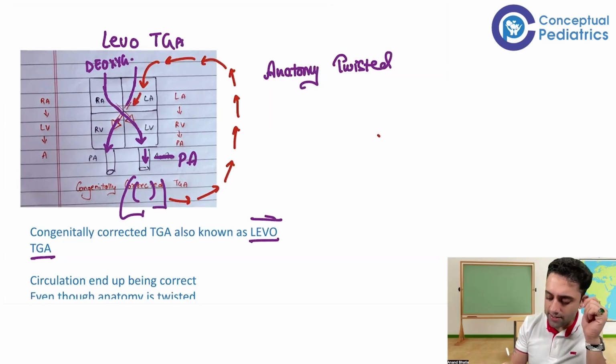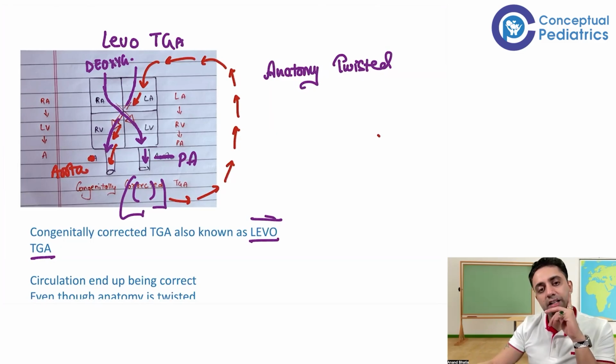So this purified blood from the left atrium goes to the right ventricle, and the right ventricle is connected to the aorta. This is known as Levo-TGA. Listen to me very carefully. The exact picture in front of you is Levo-TGA.